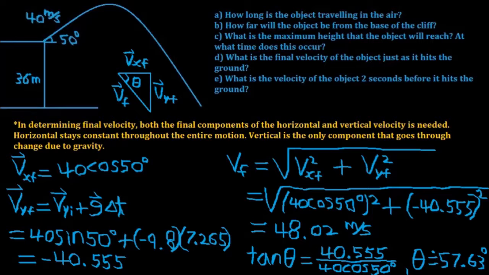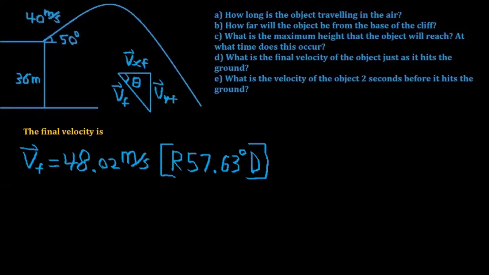The final velocity magnitude comes out as 48.02 meters per second, and now we have to find the direction, using tan theta. The theta comes out as 57.63 degrees, and the final velocity turns out as 48.02 meters per second, to the right, 57.63 degrees downwards.